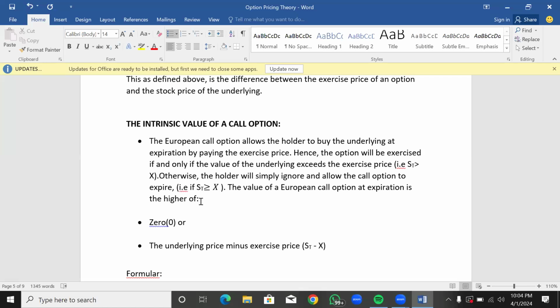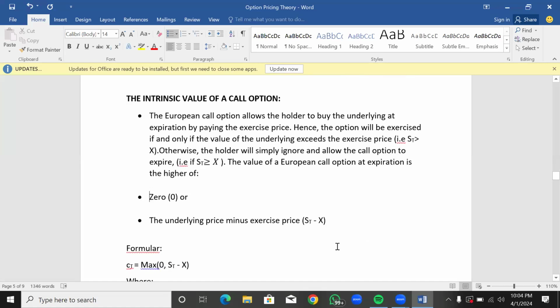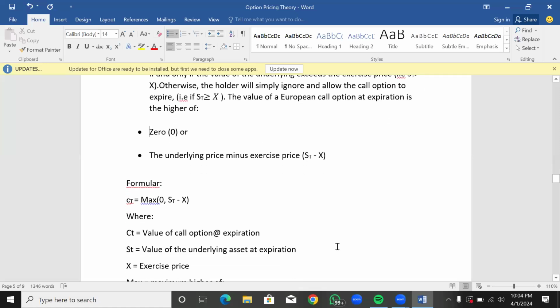That is, if ST, your stock price, is greater or equal to your strike price, then the value of a European call option at expiration is the higher of 0 or the underlying price minus the exercise price. Don't bother about that. We'll solve the question and you'll see how that works.